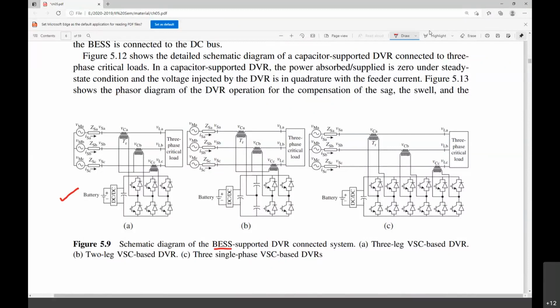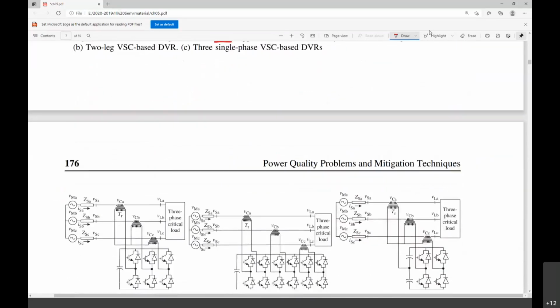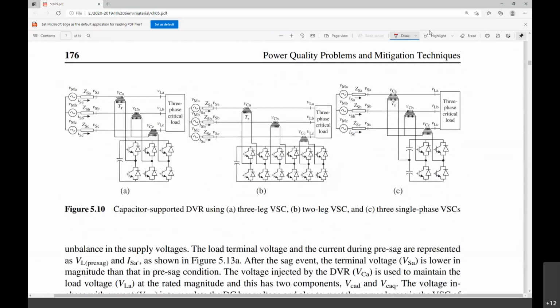This is a three-leg VSC based DVR. This is a two-leg VSC based DVR. And the topology in figure C is a three single phase VSC based DVR. Next, we have gone through the rectifier supported DVR.